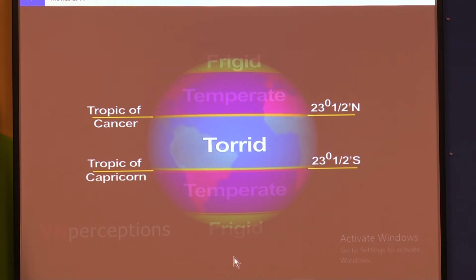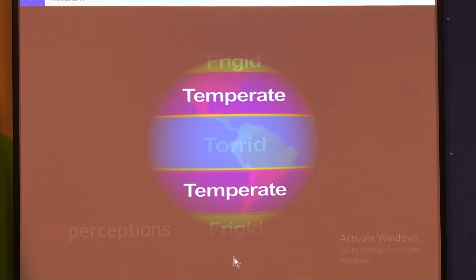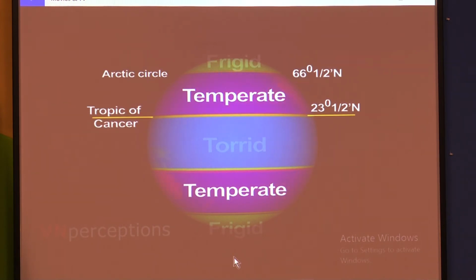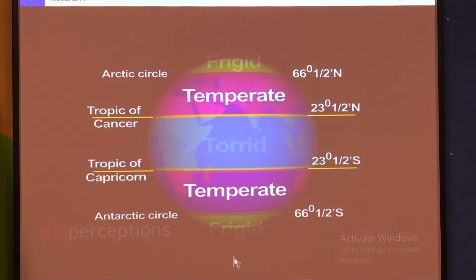Similarly, the next one is the temperate zone. The temperate zone lies between Tropic of Cancer and Arctic Circle in the north, and Tropic of Capricorn and Antarctic Circle in the south. These regions receive slanting rays of the sun, so they never receive vertical rays of the sun.